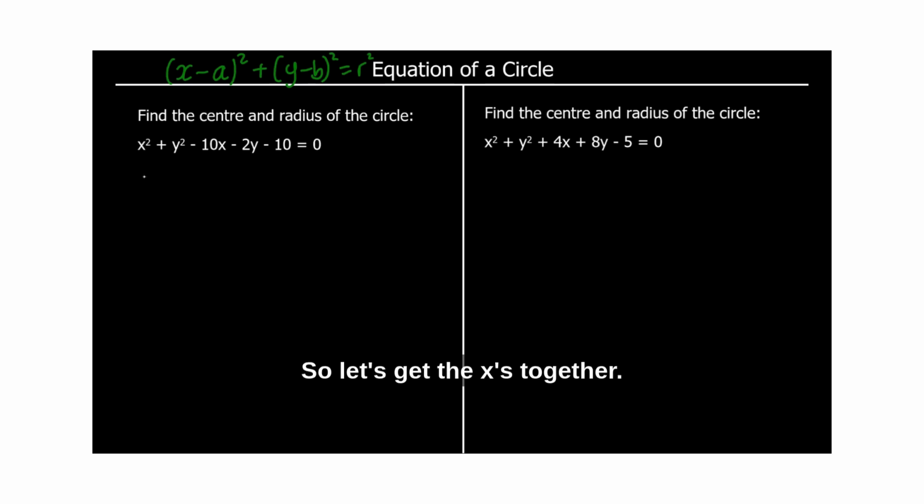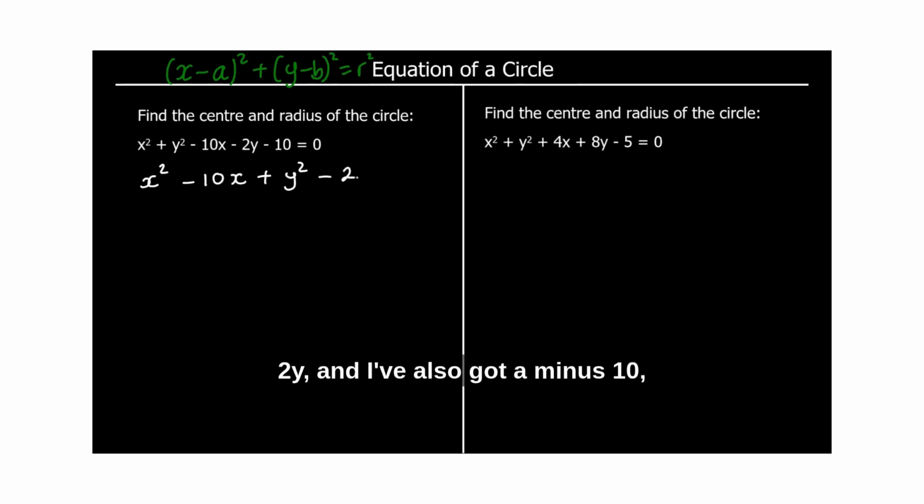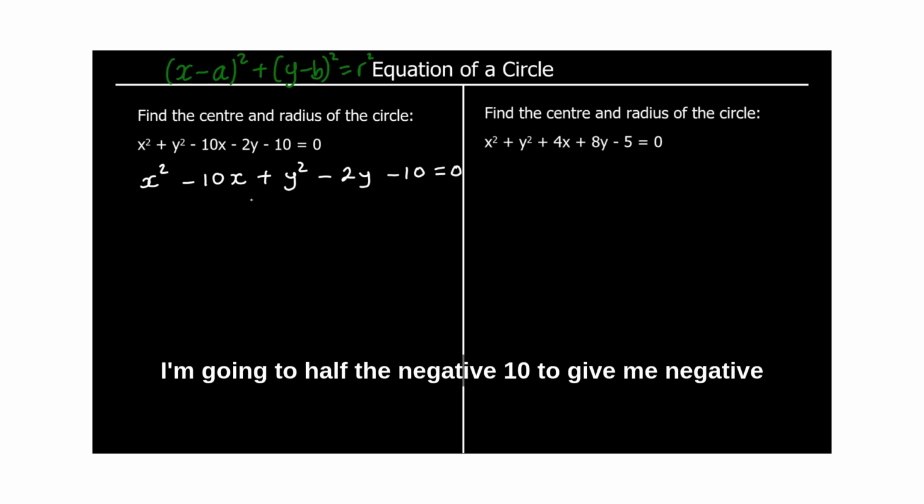So let's get the x's together. I've got x squared minus 10x. And for the y's, I've got y squared minus 2y. And I've also got a minus 10, and it's equal to 0. So for x squared minus 10x, I'm going to half the -10 to give me -5.